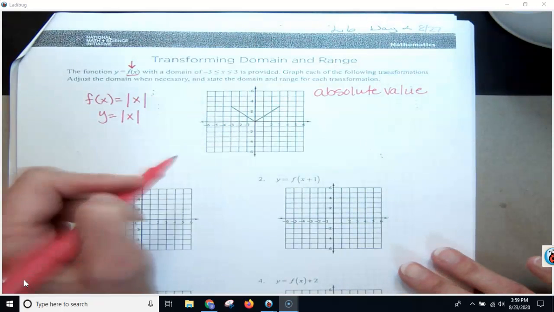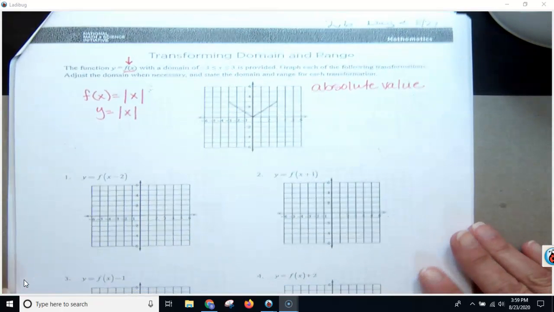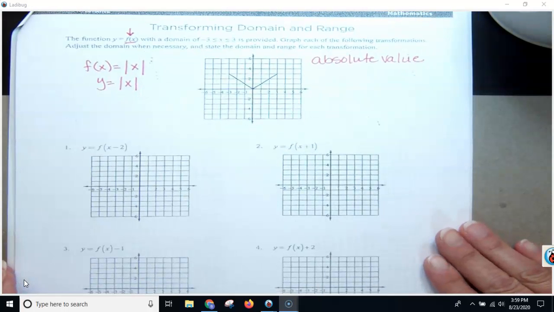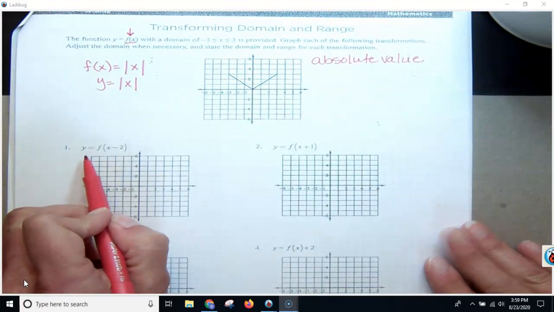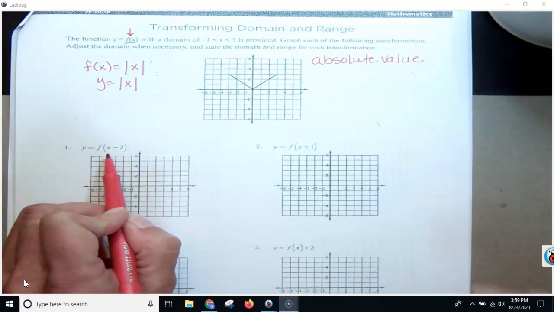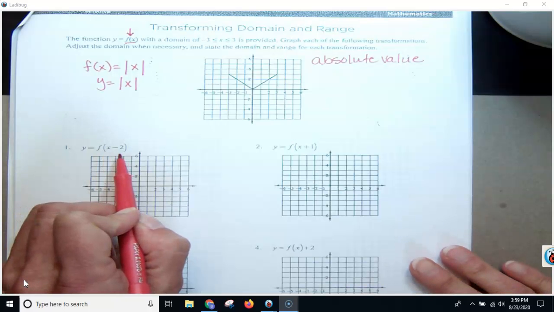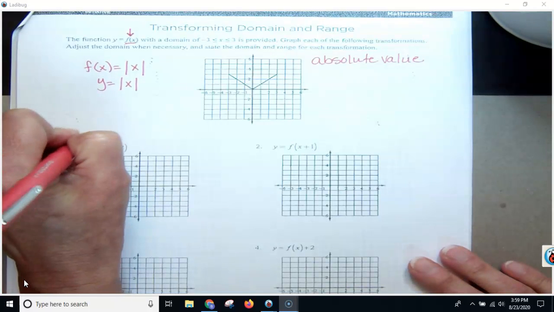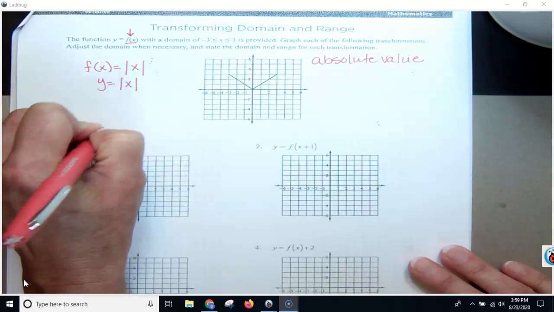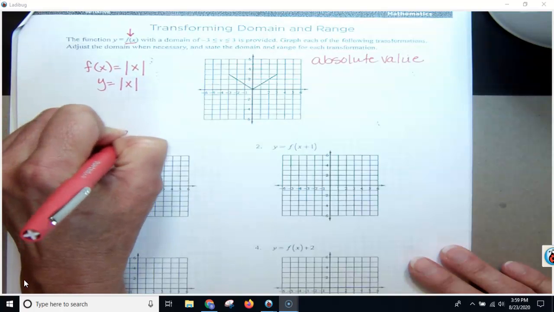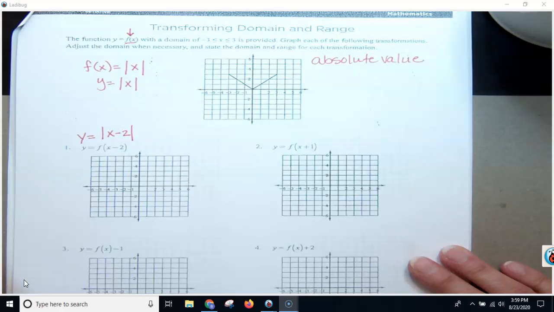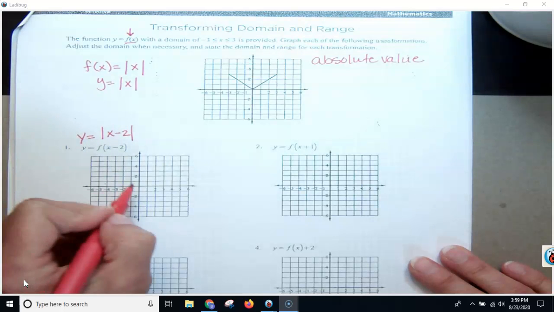So the adjustments would still be the same no matter what. So let's look and see how that works. We've got y equals the absolute value function of x minus 2. So this is going to be y equals |x - 2|. That's the function that we're dealing with.